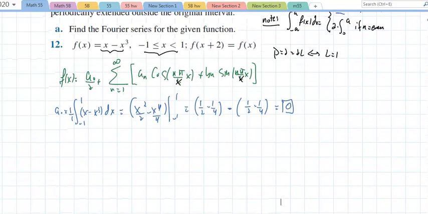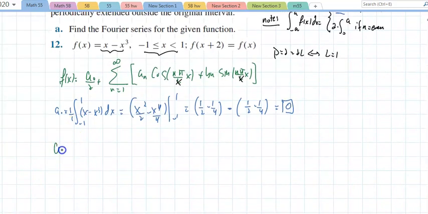Right? And if I look at a sub n, 1 over 1, the integral from negative 1 to 1 of x minus x cubed, the cosine of nx dx.